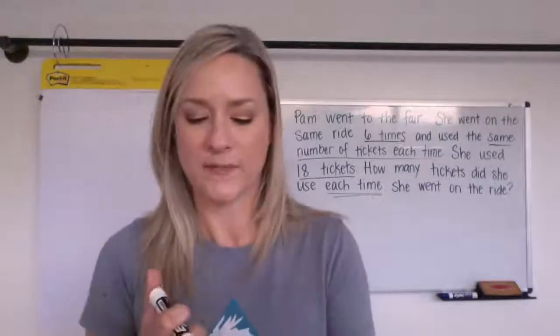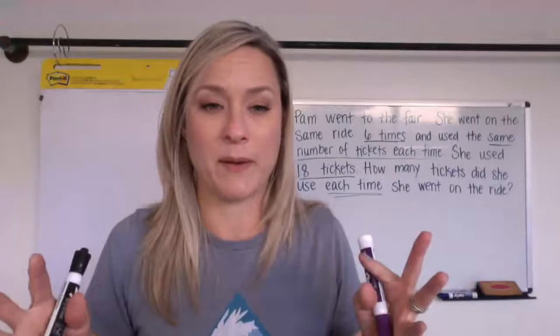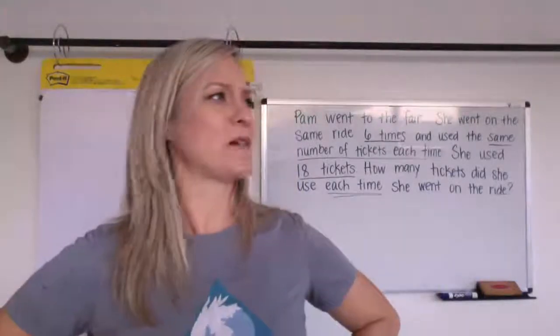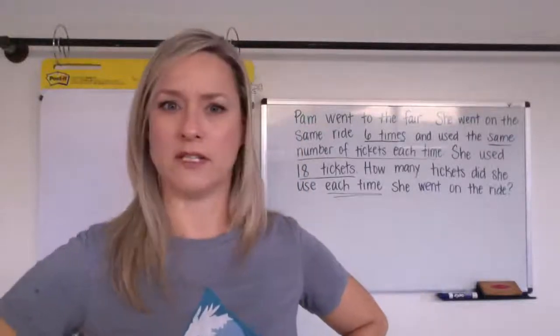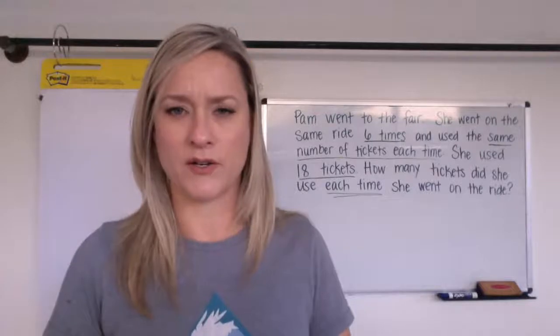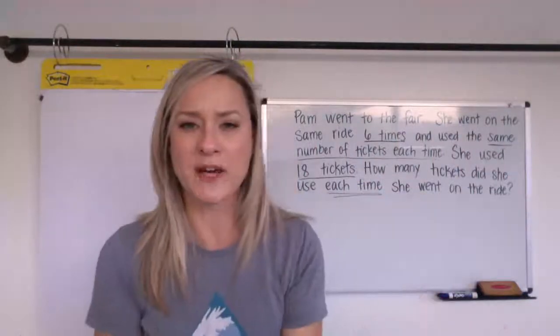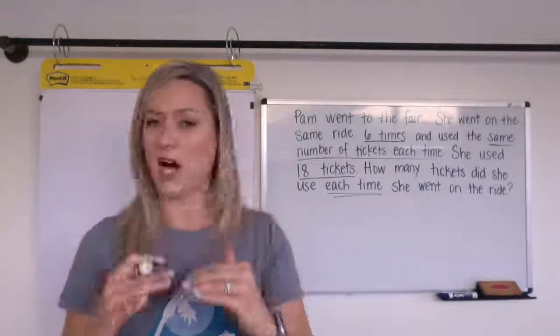If you have a whiteboard and marker or a piece of paper and a pencil, I would love for you to grab that, because the best way to think about this, I think, is just to sketch it out together. So let's do it. We're going to draw a model. The whole amount of tickets that she used is 18. So that's what we're going to put at either the top or the bottom of the model.